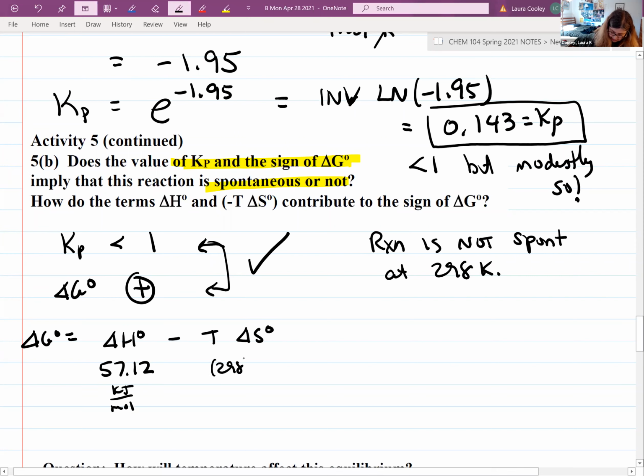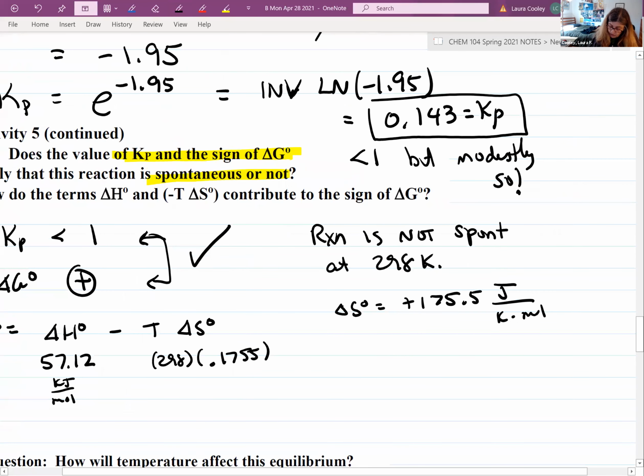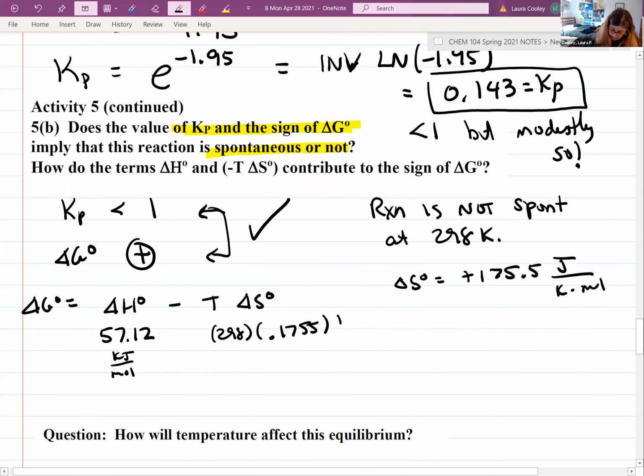This is 298 times 0.1755. Remember, the delta S was plus 175.5 joules per Kelvin per mole, which is 0.1755 kilojoules per Kelvin mole. So when you multiply this together, you get kilojoules per mole, and that is 57.12.